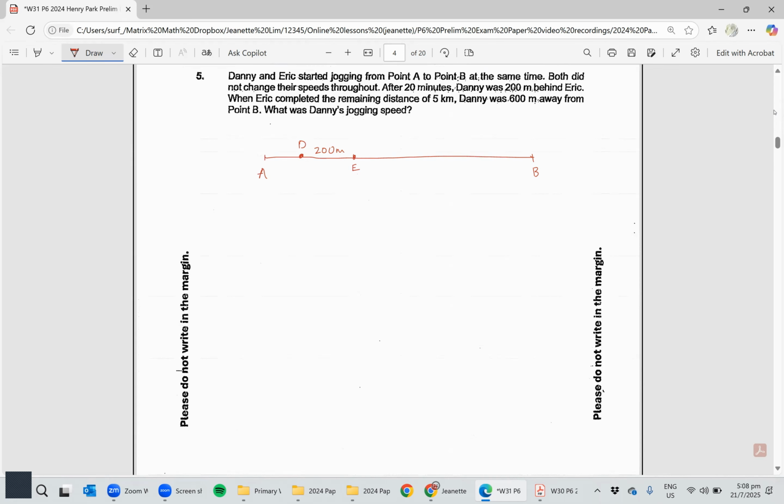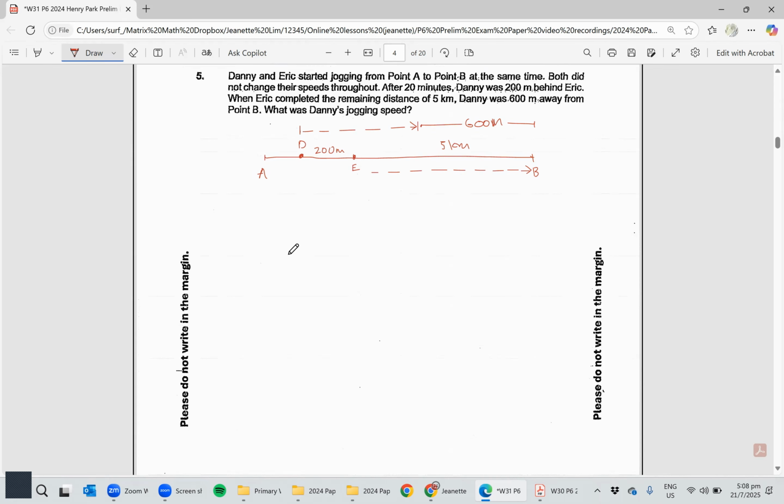So when Eric completed the remaining distance of 5 km, so this is 5 km, Danny was 600 away. Okay, so Danny is here, so maybe up till here. This is 600 meters. Not really drawn to scale. What was Danny's jogging speed?